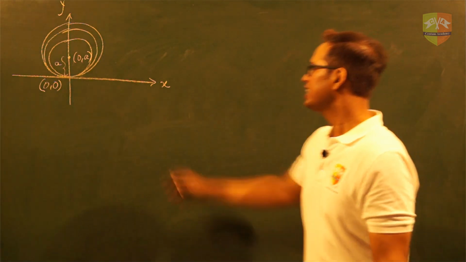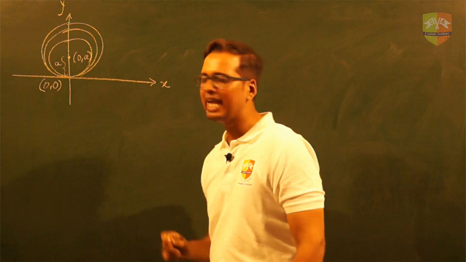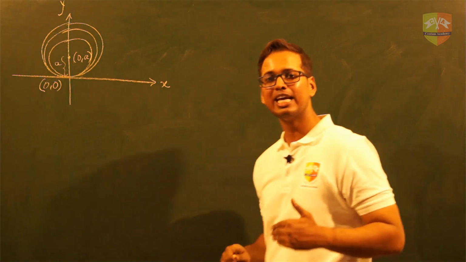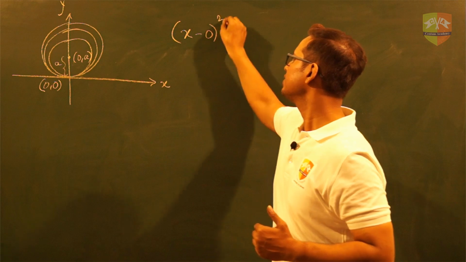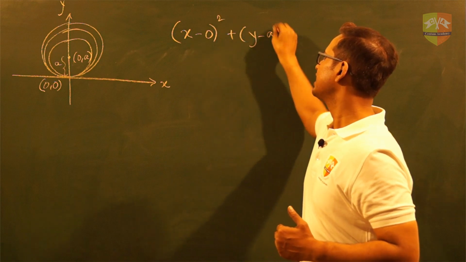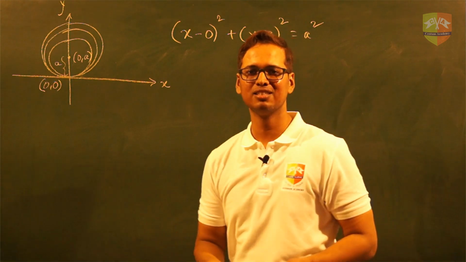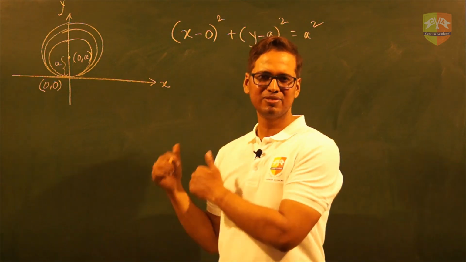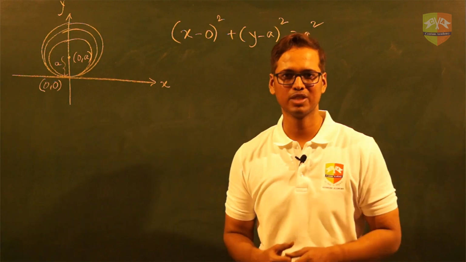So the equation for such a circle whose center is at 0, comma a and radius is a can be written as x minus 0 whole square plus y minus a whole square equal to a square, right? So you all have done circles in class 11th, so everybody is familiar with the equation of a circle whose center and radius is known, correct?